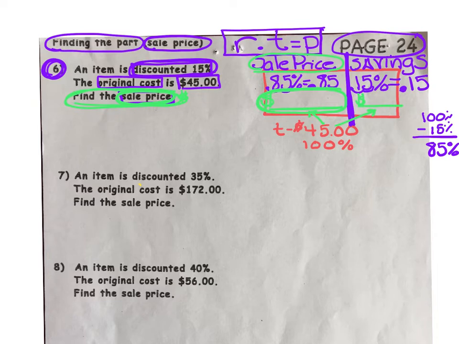So let's use our formula, R times T equals P. And of course, we're going to use the rate of 0.85 or 85 hundredths. That is the rate at which we're going to calculate the sale price. 85 hundredths times an original cost or total of $45.